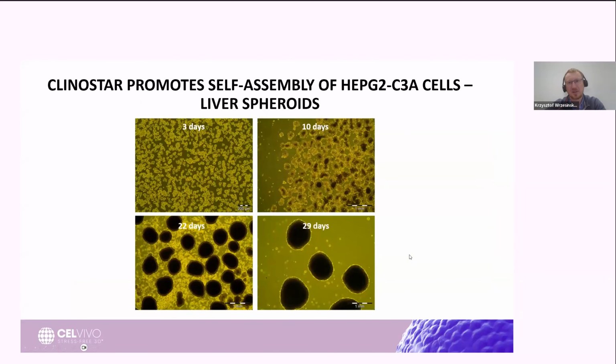Using the system, we are able to create uniform 3D constructs from individual cells with very limited production of ECM. And this is a picture where we show, from single cell suspension through days of culture, how we are able to create very uniform constructs with similar shape and size, which are useful for further experiments.